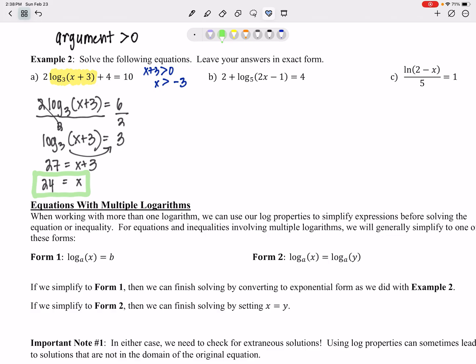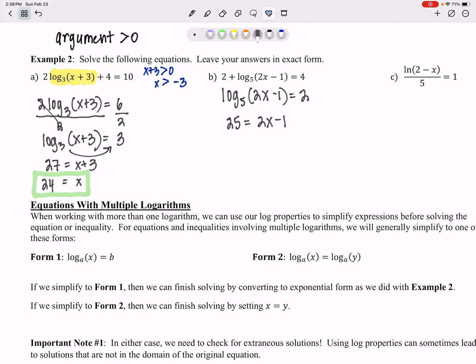Okay, let's try the next one. We're going to subtract 2 from both sides, giving us log base 5 of 2x minus 1 is equal to 2. 5 squared is 25, and that's going to equal 2x minus 1.